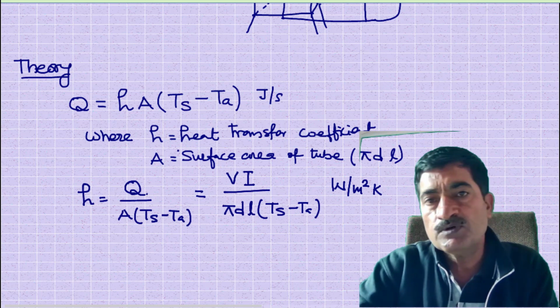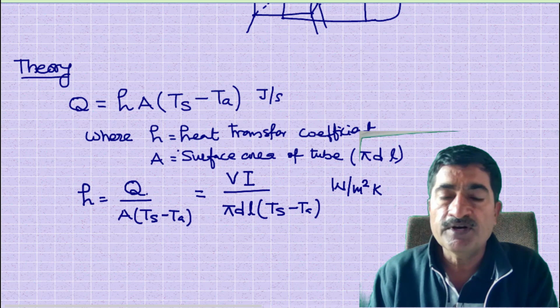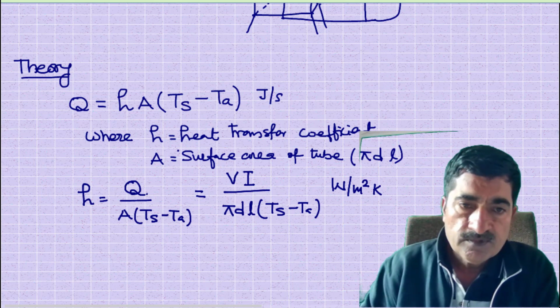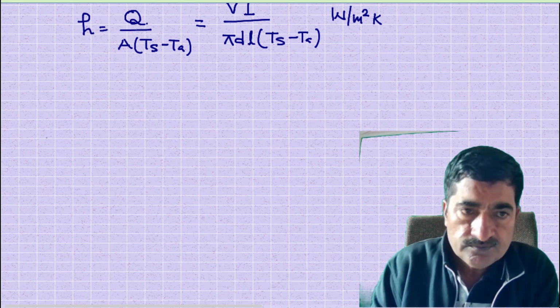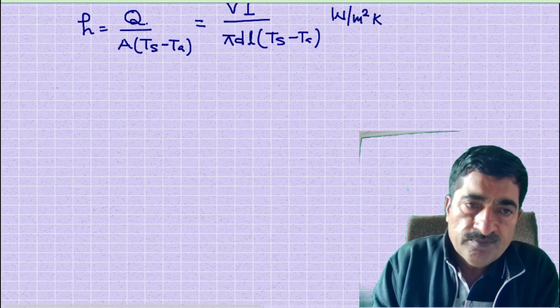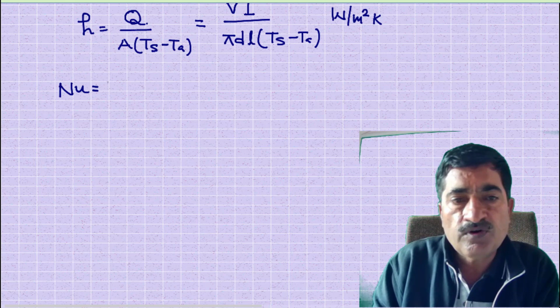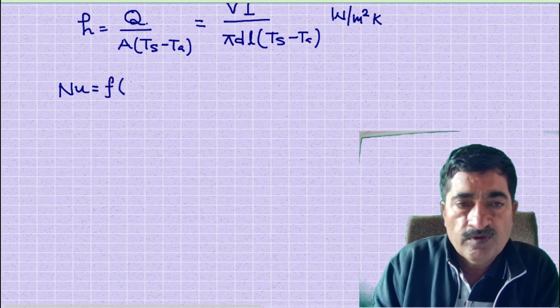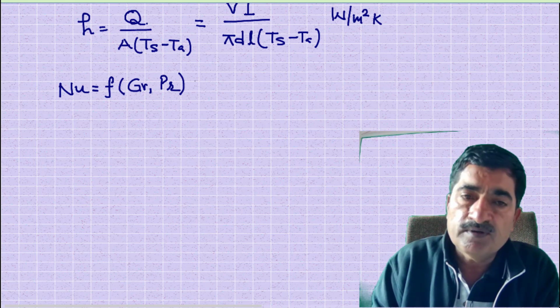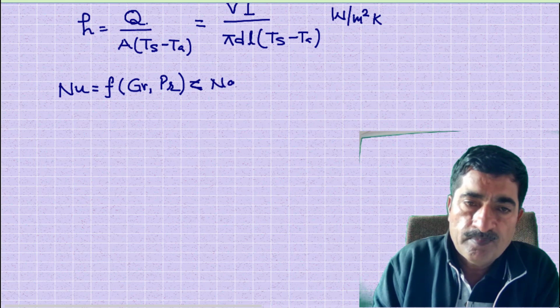The heat transfer coefficient can also be calculated from an empirical relation. Nusselt number is a function of Grashof number and Prandtl number in natural convection.